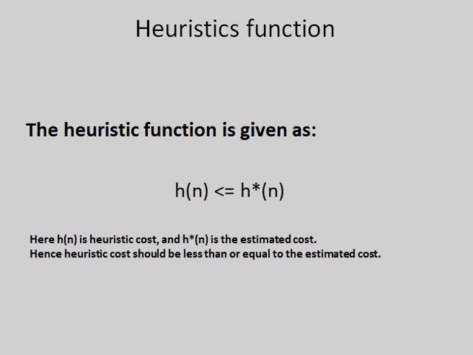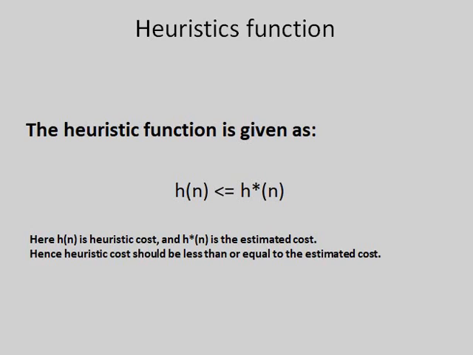Now, before starting the algorithms, first let's see what a pure heuristic search is. Pure heuristic search is the simplest form of heuristic search algorithm. It expands the nodes based on their heuristic value, which can be represented by h of n.